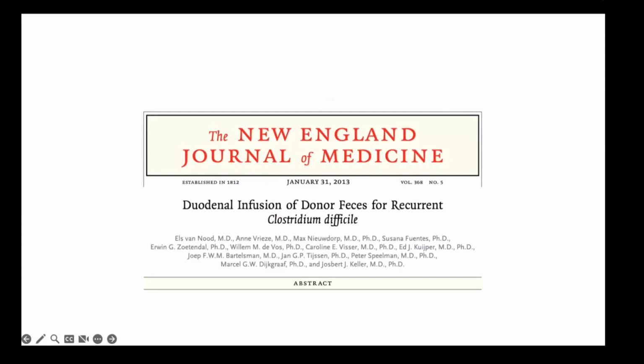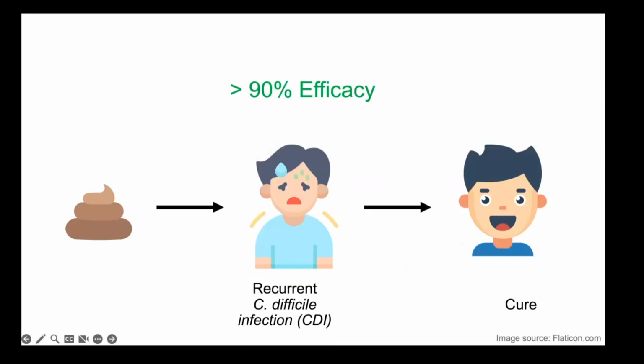I'm sure many of you are familiar with FMT because it's best understood in the setting of recurrent C. diff infection. There was a landmark trial back in 2013, which studied this in a randomized controlled fashion. Since then, a number of clinical trials have shown that FMT has a high level of efficacy for recurrent C. diff infection, above 90% efficacy, with resolution rates as high as 92%.